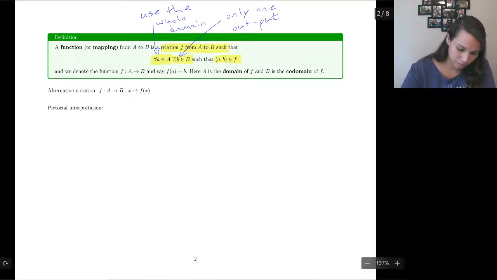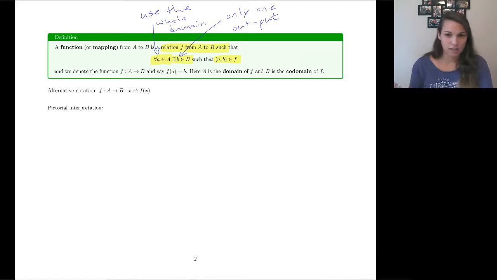Such that the ordered pair (a, b) is going to be in the relation f. But that's a function now because we've got those extra qualifications on there.